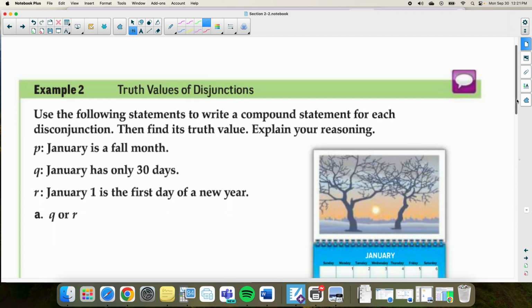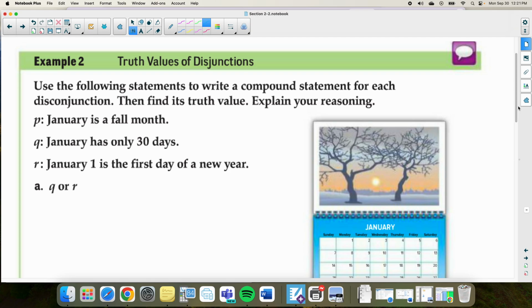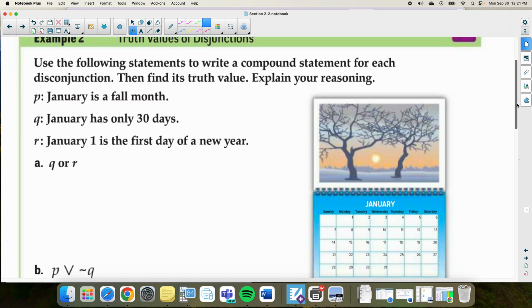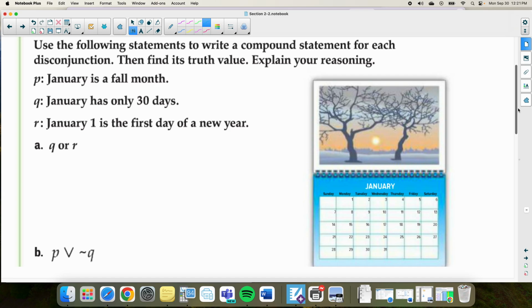So let's go to this page right here and we're going to use this January calendar here. Remember, you do not have to explain your reasoning in these. And we're first going to look at P, Q, and R and determine if they're true or false. So the first one says January is a fall month. That is false. January is in the winter.